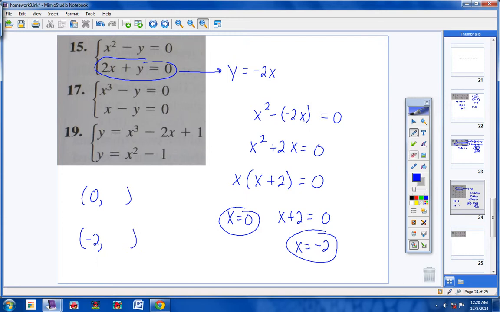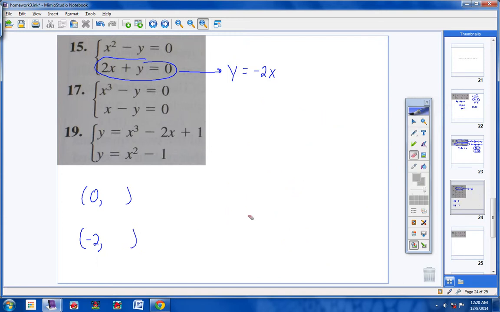So now what I have to do, students, is take these two values and put them in for x, okay? So I'm going to put a 0 in for x right here. 2 times 0 is 0. So one answer here would be 0. Now put negative 2 in for x.